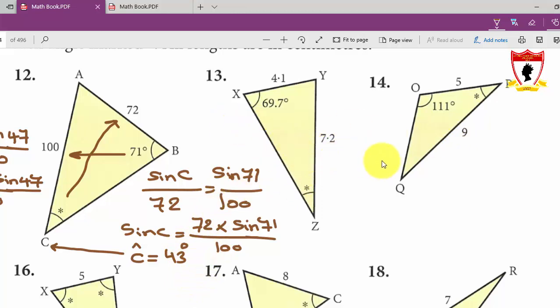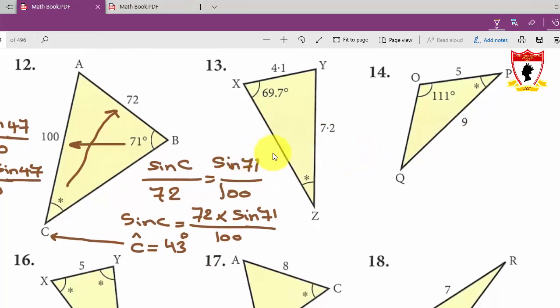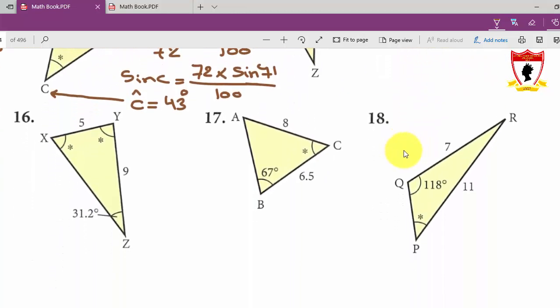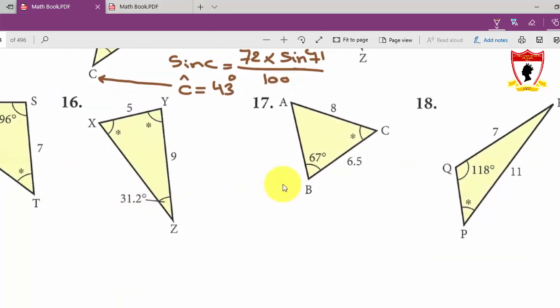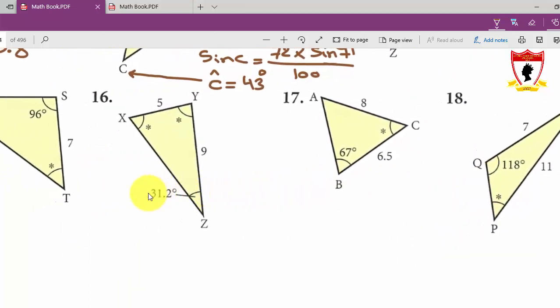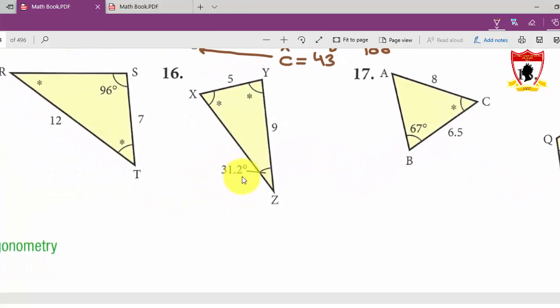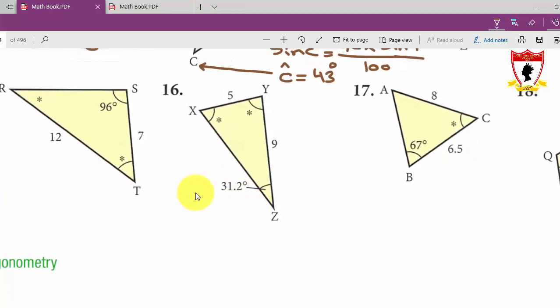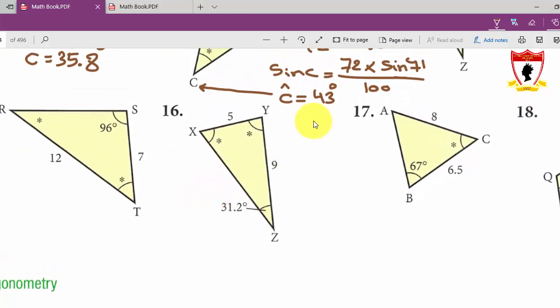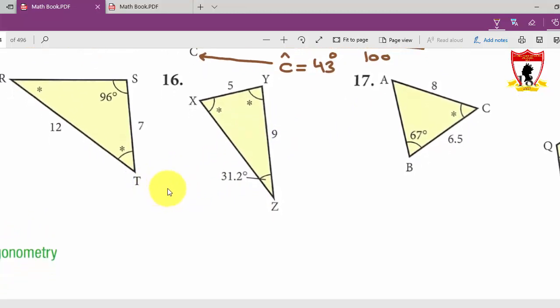In the next questions, the same idea is repeating. Two sides are given, one angle is given, and one angle is missing. As you see, these triangles, some of them are isosceles, some of them are right angled, and the rule works perfectly.